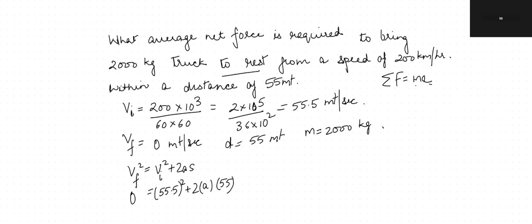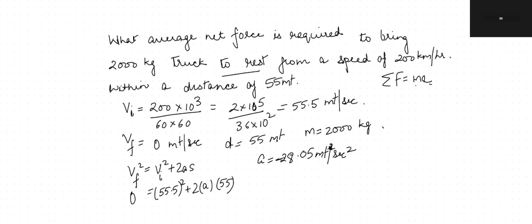So when we solve this equation, we get acceleration as negative 28.05 meters per second square. Okay.